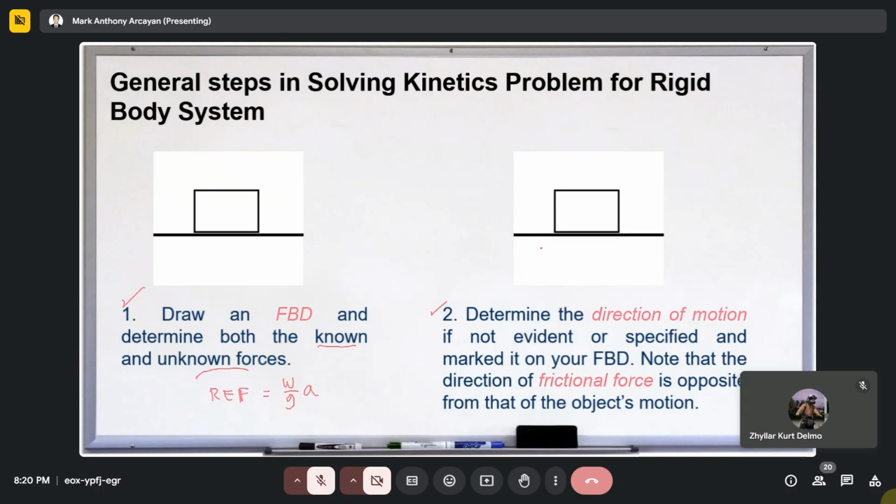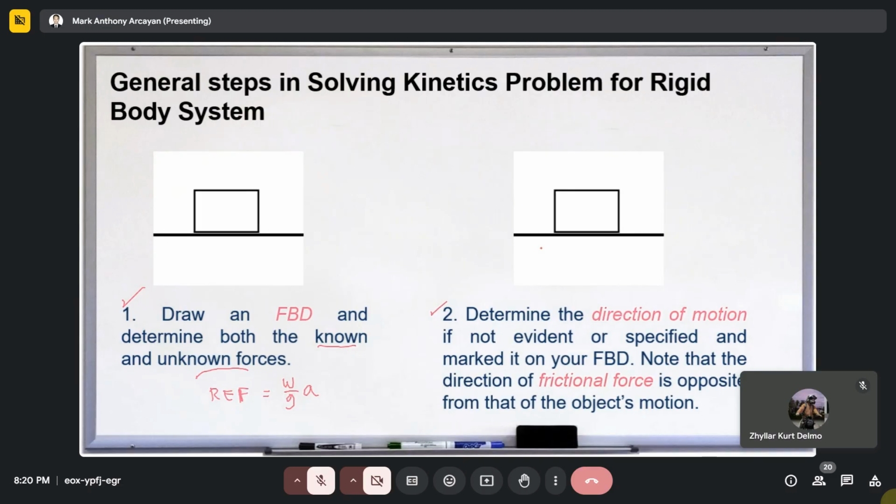You should indicate the direction of motion because it matters later in choosing the equation for your D'Alembert. Like, is your acceleration in the x direction, or in the y direction, or in the z direction? The direction of motion really matters.